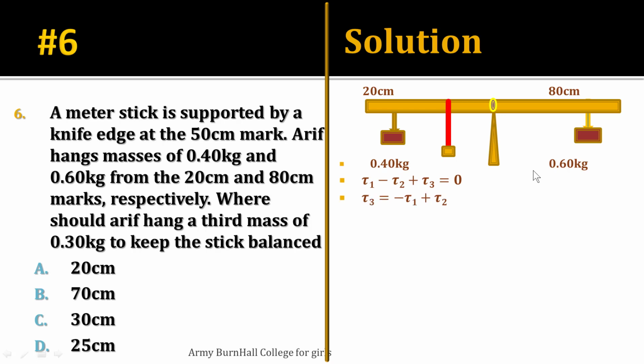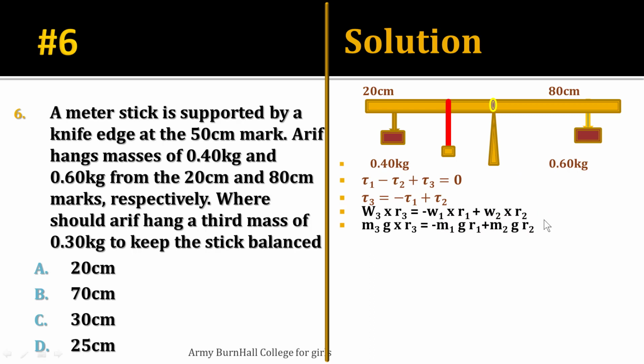We have to separate out tau 3 because we need the distance r3. So we use the formula of torque: tau is equal to r cross F, and the force here is weight. W3 into r3 is equal to minus W1 into r1 plus W2 into r2.